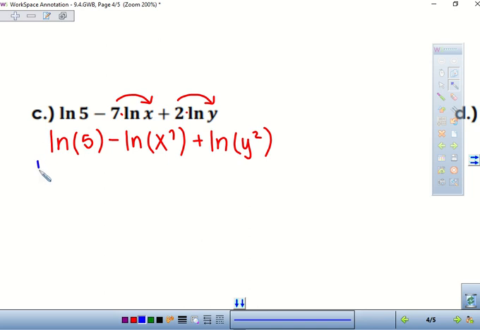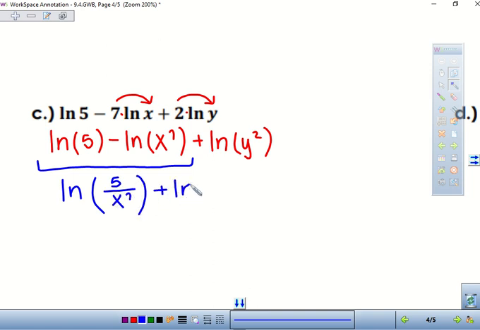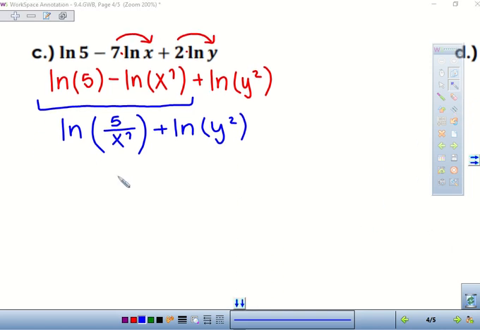Now I'm going to work this direction. This is subtraction, so it's going to become division. And then between these, it's addition, so it's going to become multiplication.